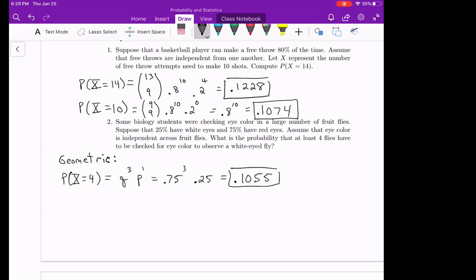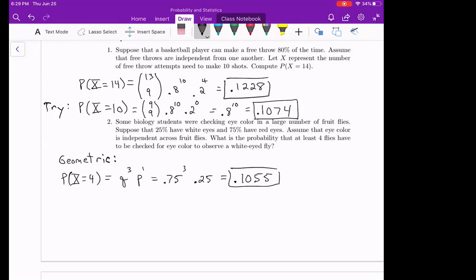Wait, so probability of when p of x equals 14, are you determining the probability that you throw 14 times or something?